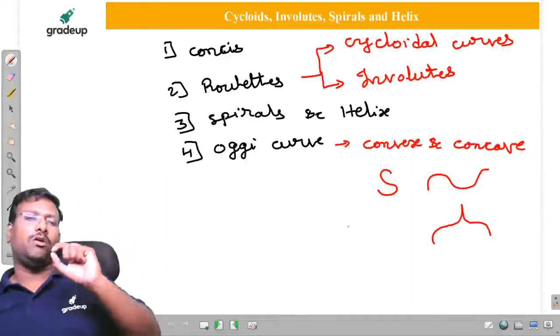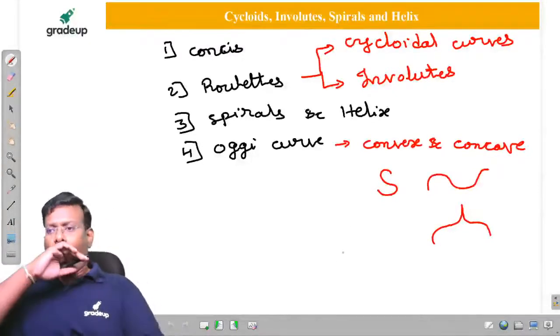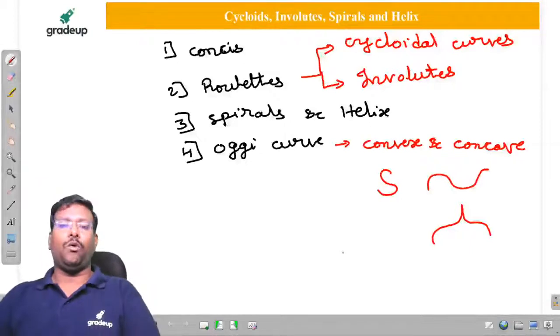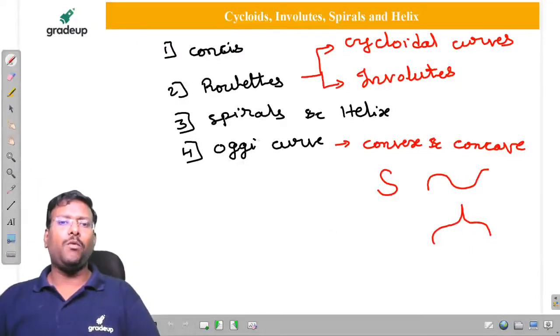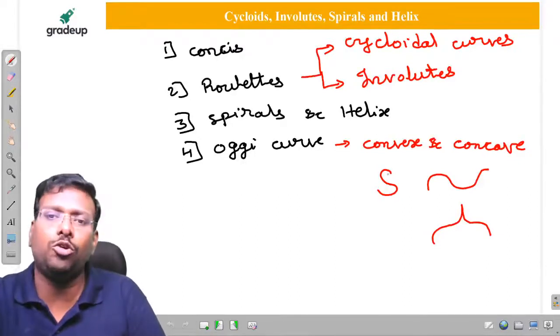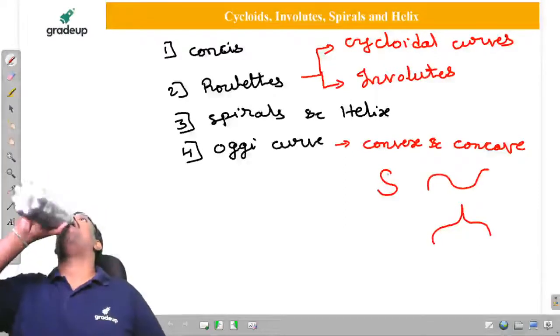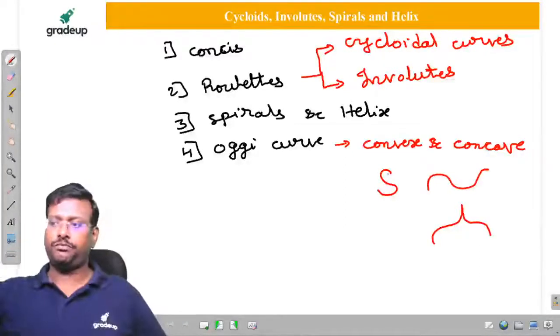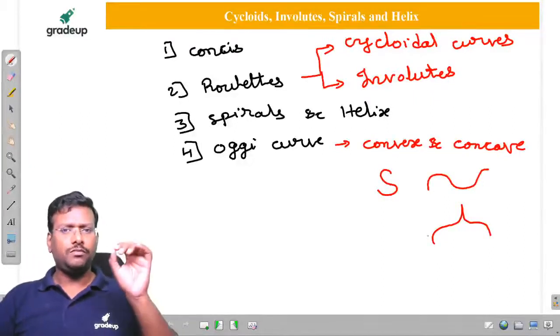We are tracing out the locus of a point, and that point is on the rolling curve. But what about spirals and helix? Why are those two considered a single entity?